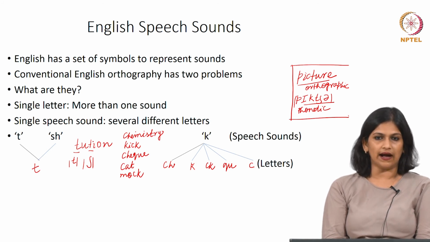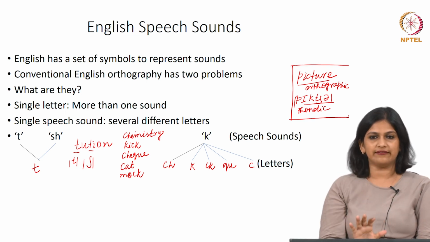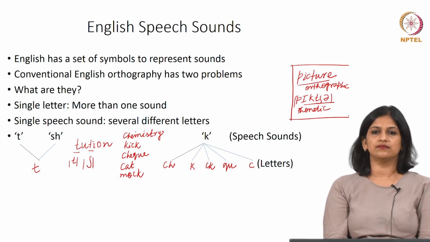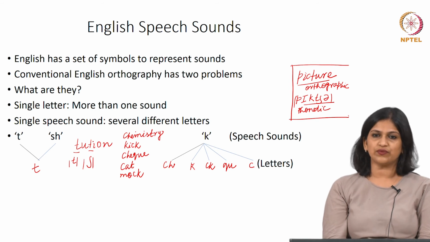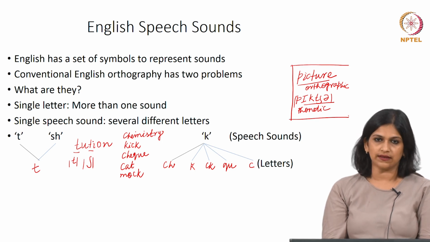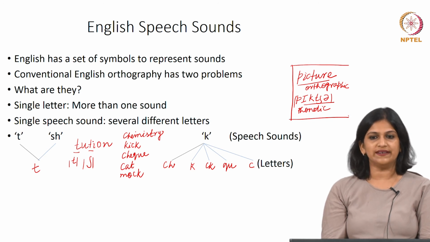A, E, I, O and U. Orthographically, we have these 5 letters which are considered to be vowels in English. Then there are 21 consonants. These 21 consonants refer to 24 consonant sounds and the 5 vowels refer to 20 vowel sounds.